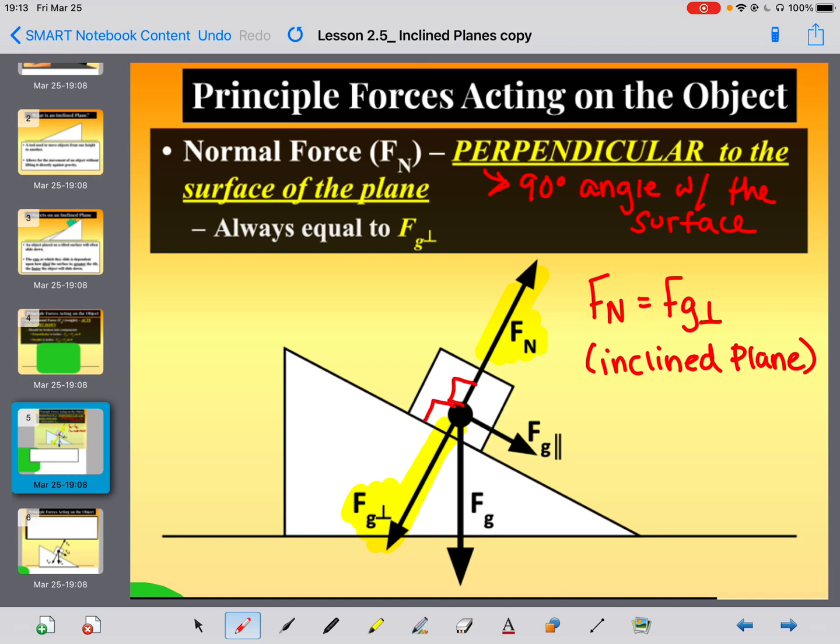FG perpendicular and the normal force are perpendicular to the surface of that inclined plane, and therefore it results in a 90-degree angle. So it cannot be straight up. It needs to be tilted, and your vectors should make that little 90-degree angle box. That's how you would check: hey, this looks like 90 degrees because I can draw almost a perfect box.